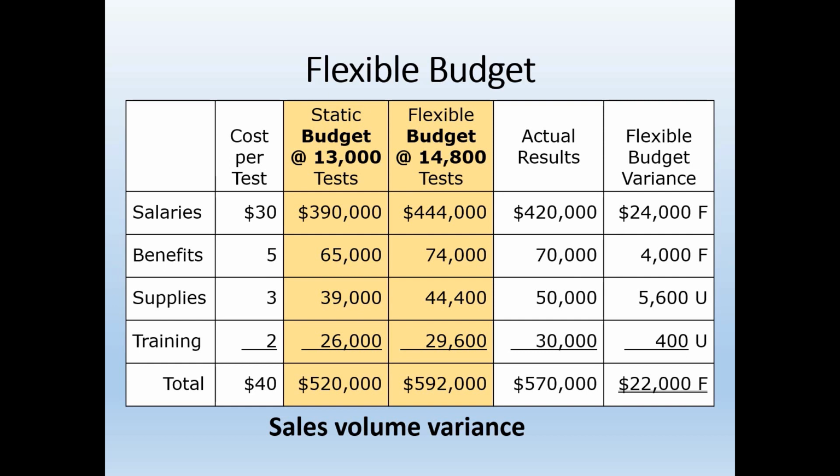Both columns show budgeted amounts. The only difference between them is the number of tests expected to be done versus the number of tests actually done. So the difference in the costs is only attributable to that difference in the number of tests.